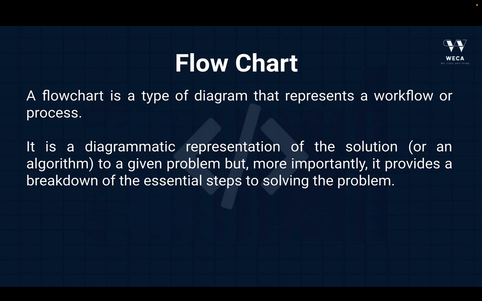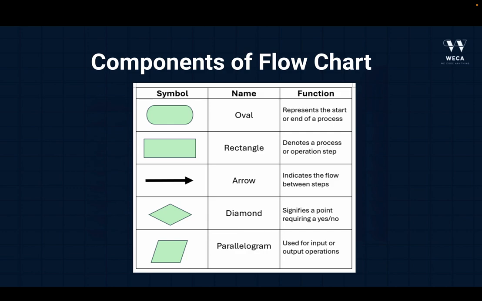So when you present your algorithm in a diagram format, it is seen as a flowchart. Now let's see the components of flowcharts. You don't just draw flowcharts because you've heard the name flowchart, right? You must follow some schematics and defined components to get a perfect flowchart.